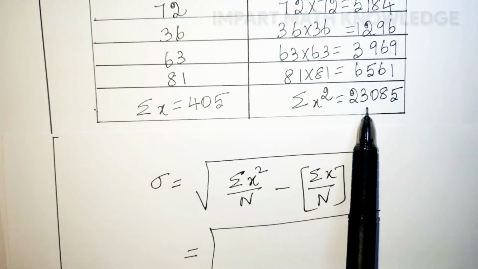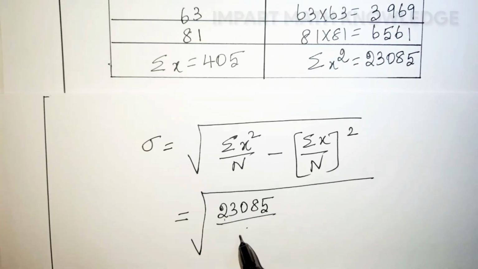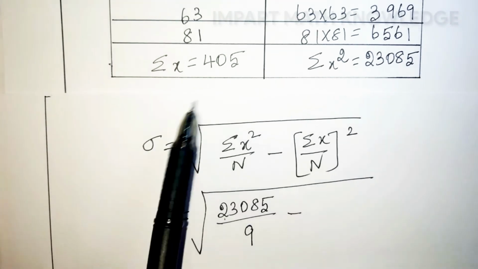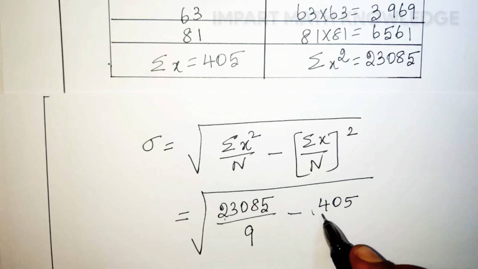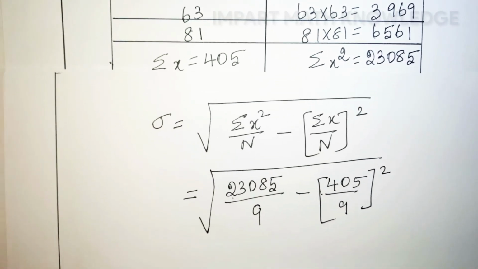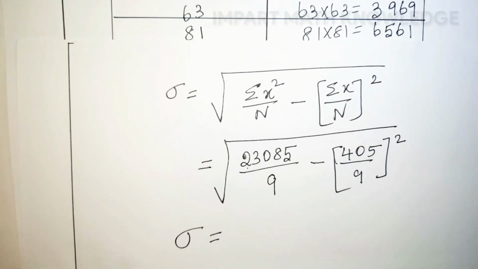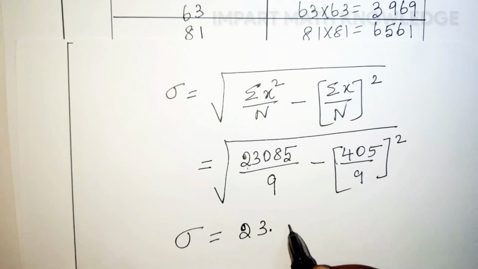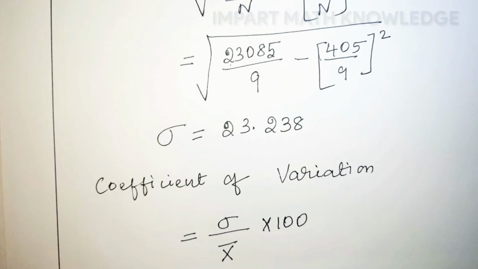Sigma x square is 23,085, n is equal to 9, minus summation x is 405 divided by 9 whole square. Therefore, the standard deviation is 23.238.